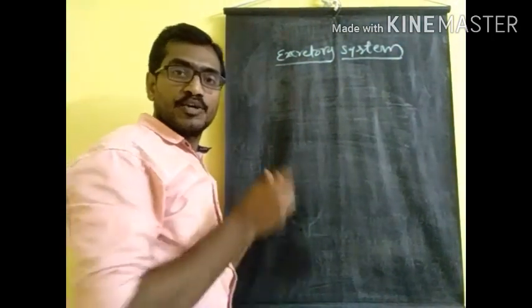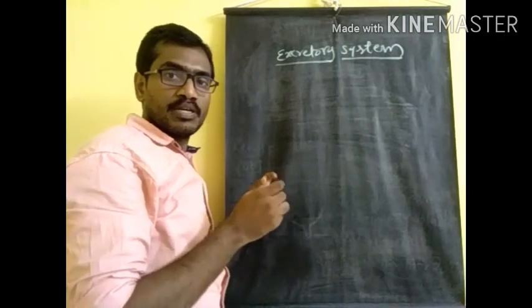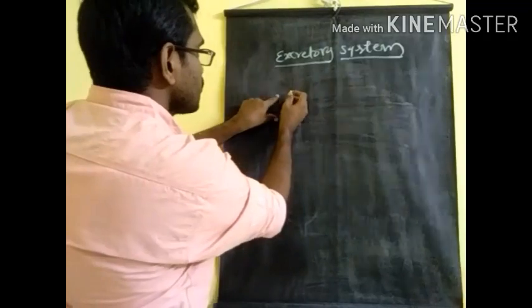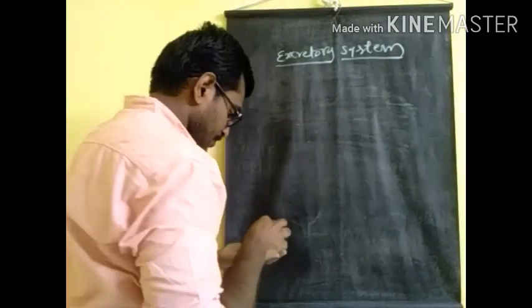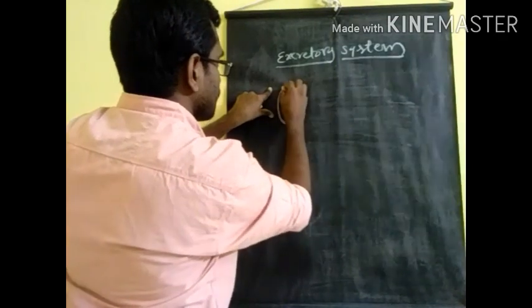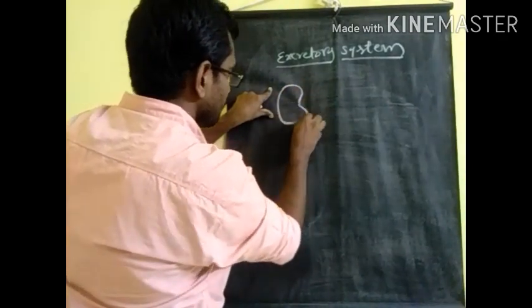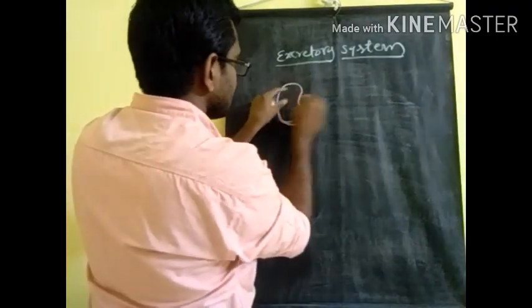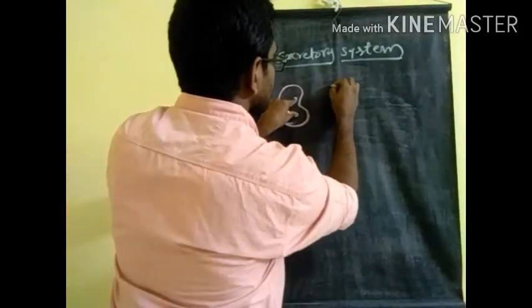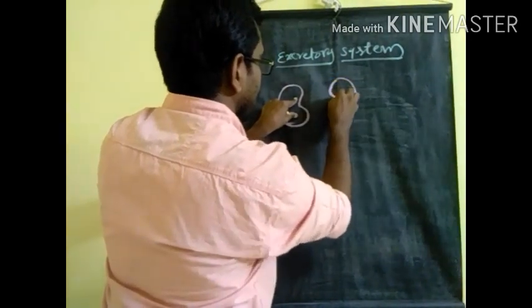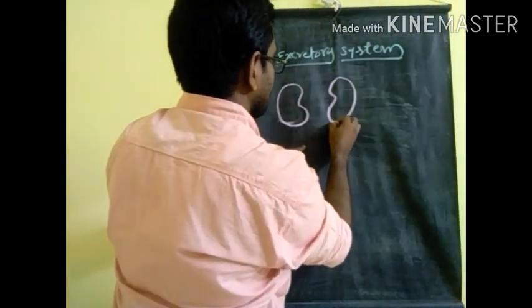The human excretory system consists of a pair of kidneys. This is the right kidney and this is the left kidney.